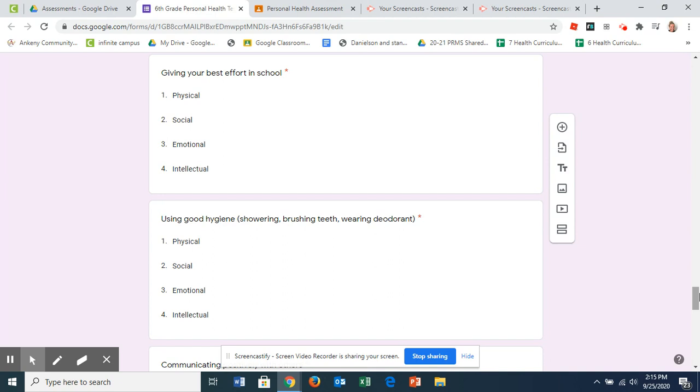Physical, social, emotional, or intellectual health. Next descriptor, using good hygiene, showering, brushing teeth, wearing deodorant. Physical, social, emotional, or intellectual health.